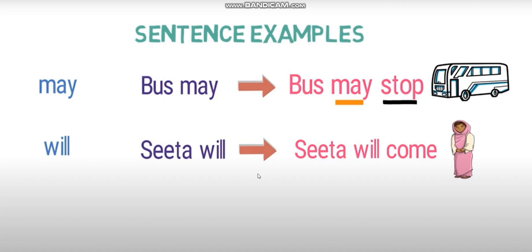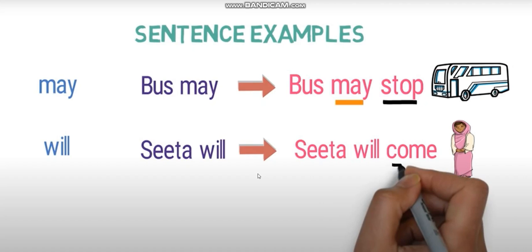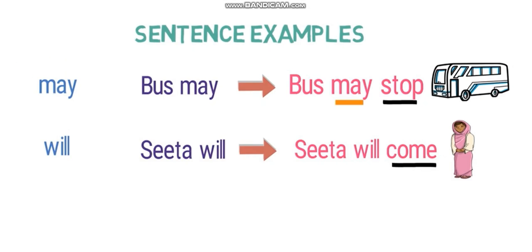Come is an action, but Sita come does not make a meaningful sentence. But when it is said that Sita will come, it makes a meaningful sentence. So will is an auxiliary or helping verb, whereas come is a main verb.